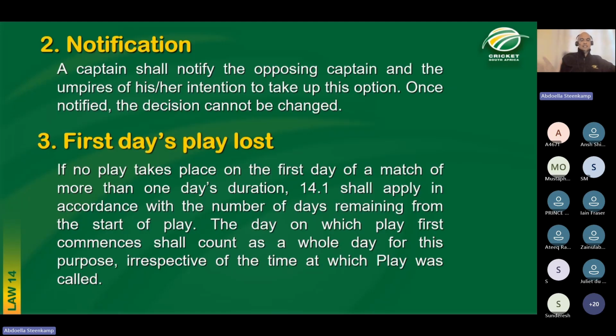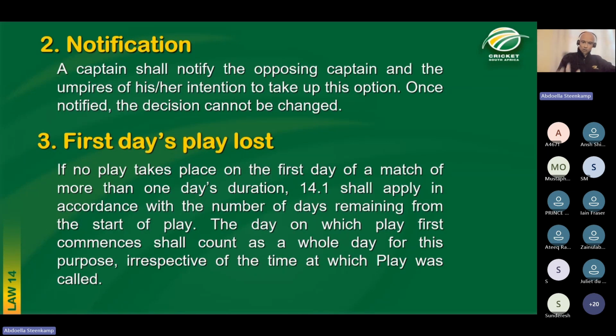So now let's say play can start on time on day 2. So now you have 4 days remaining in our Test match. So in terms of what the minimum lead should be in our game, it will now be 150 runs, because there are 4 days left in our Test match, and the law tells us the minimum lead for a 4-day game should be 150 runs.